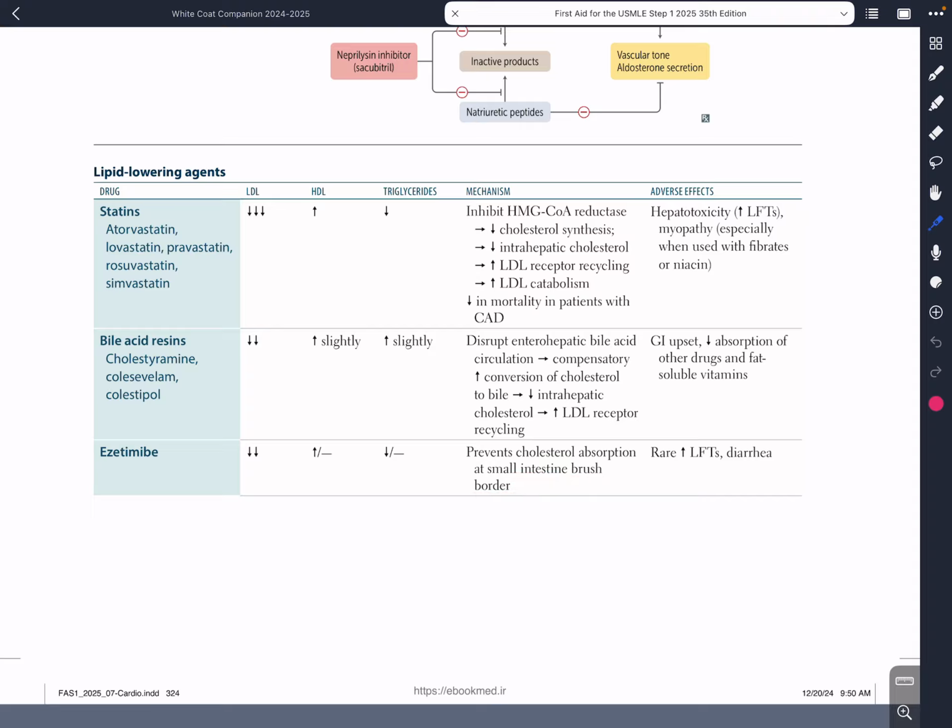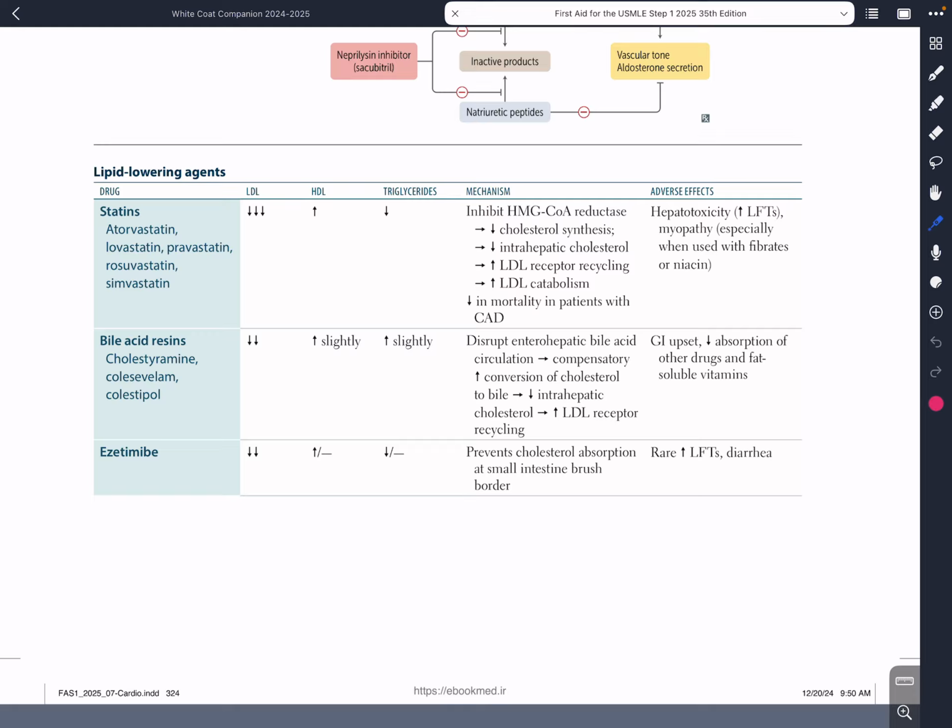So a patient on ezetimibe is not able to absorb cholesterol from the food that he eats. An adverse effect of ezetimibe is that it increases LFTs. It's a rare side effect, but still there, and it can also cause diarrhea.